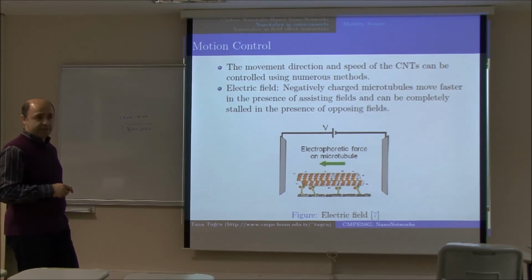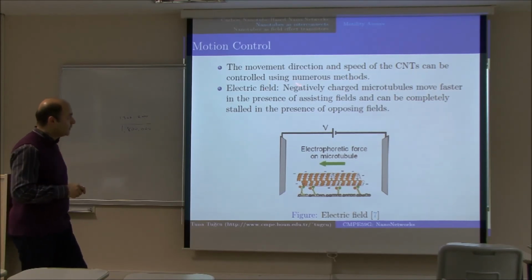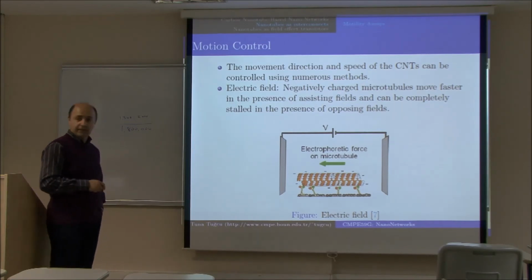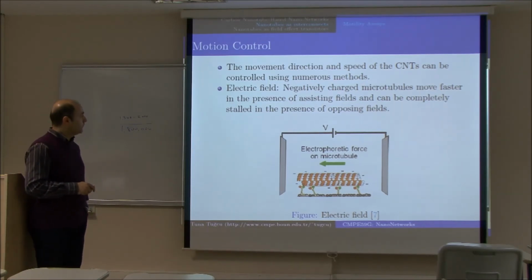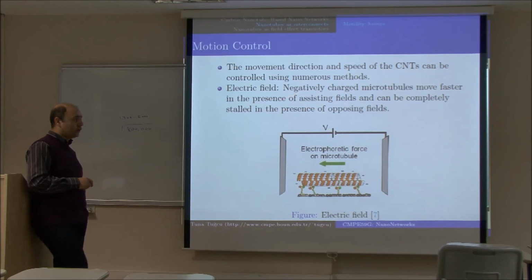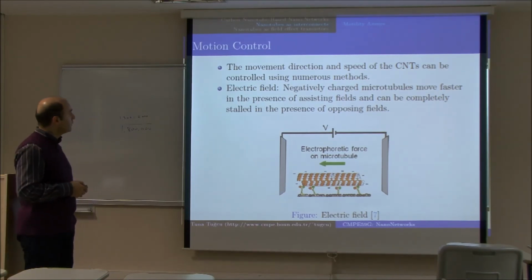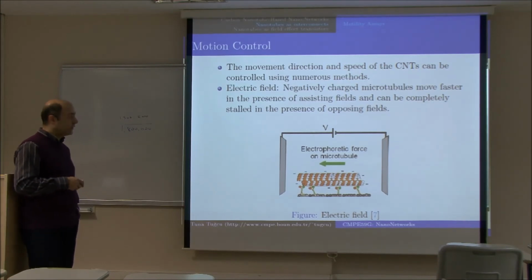One thing is, as we discussed before, the electric field. Negatively charged microtubules move faster in the presence of assisting fields, and they can be completely stalled in the presence of opposing fields. So you're able to control the speed and the movement of the microtubules, if you wish, using electric fields.